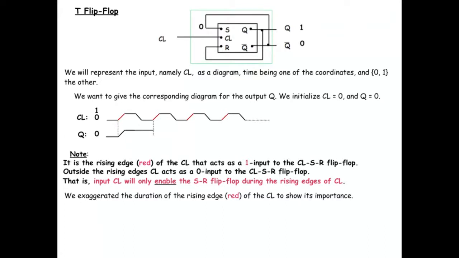And when the next clock cycle starts, right, that 0, let's say from Q prime, will go to set, and the 1 from Q will go to reset, right? And then the clock will signal 1, right?